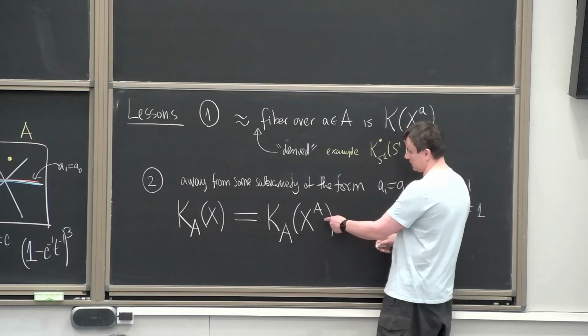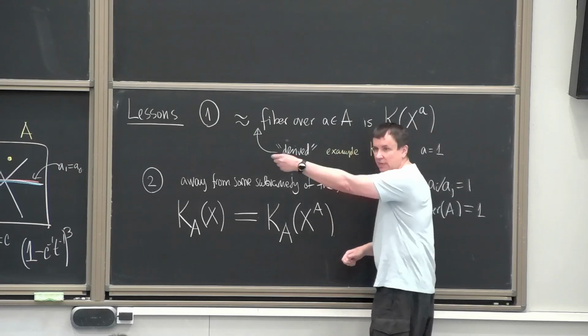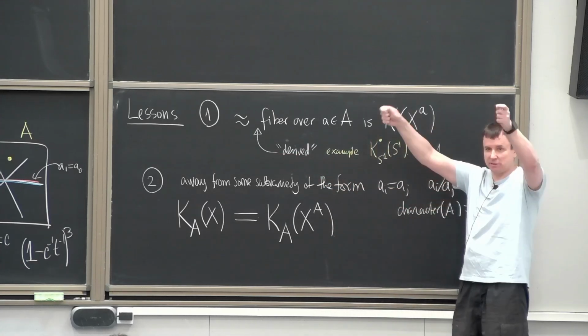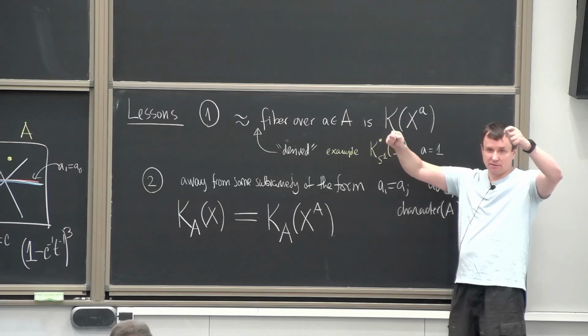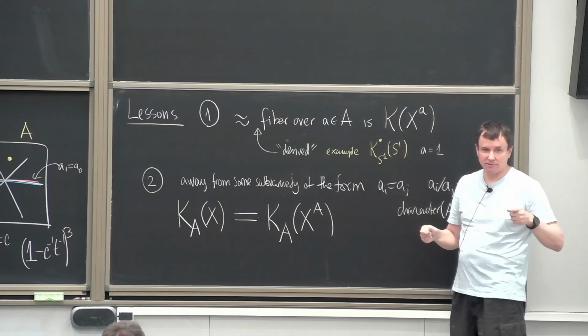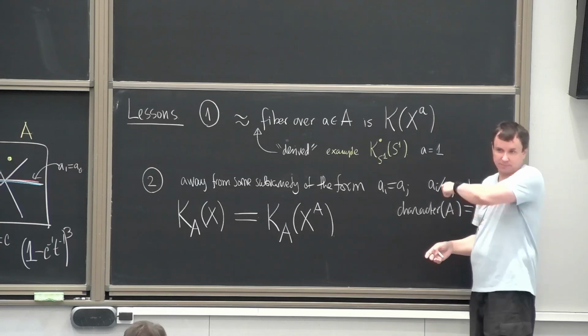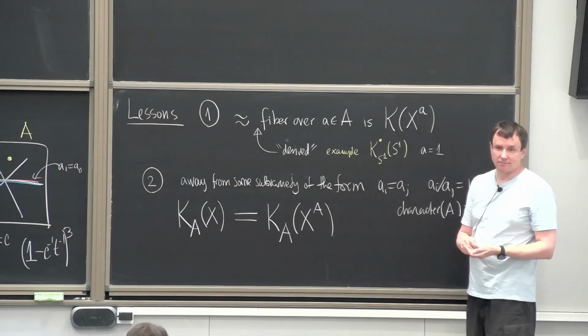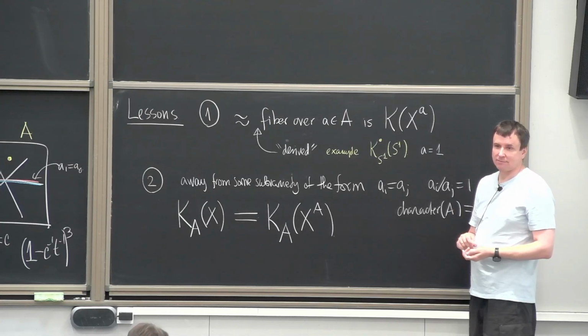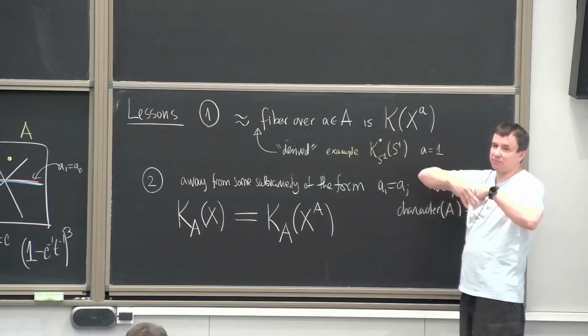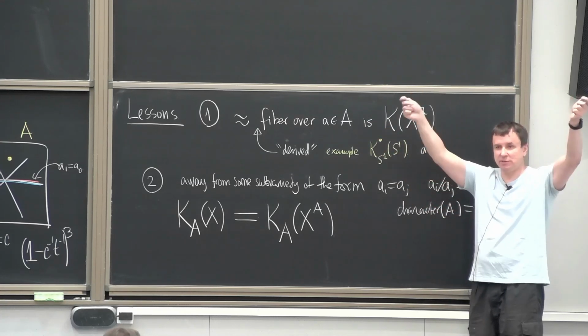Because if I look at the generic element of the torus, it will have some fixed locus, and that will be my generic fiber. Clear?